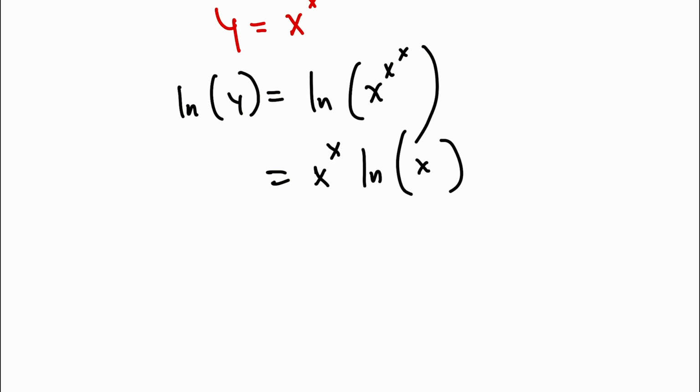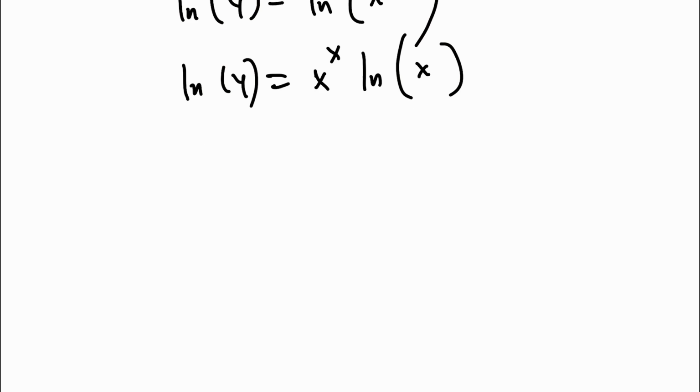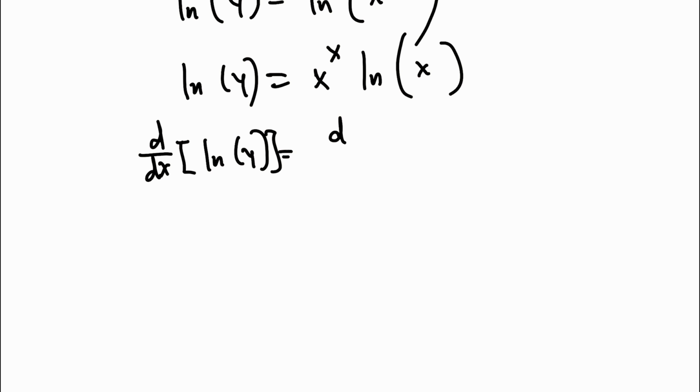At this point, it should be very obvious what we're going to do. We're going to implicitly differentiate on this, so that is going to be the derivative with respect to x of ln of y is equal to the derivative with respect to x of x to the x times ln of x.